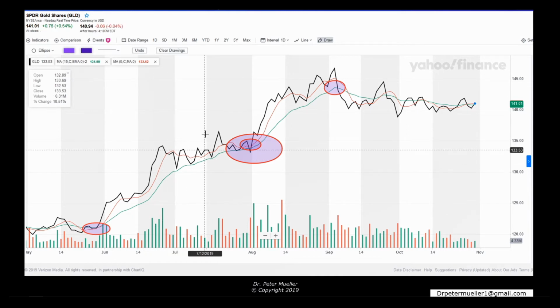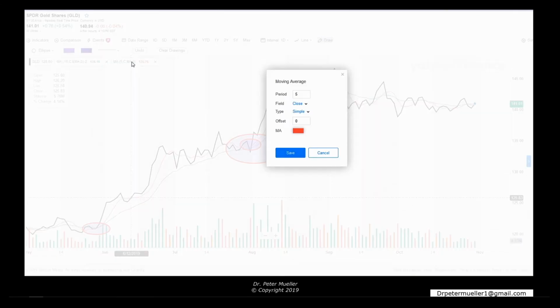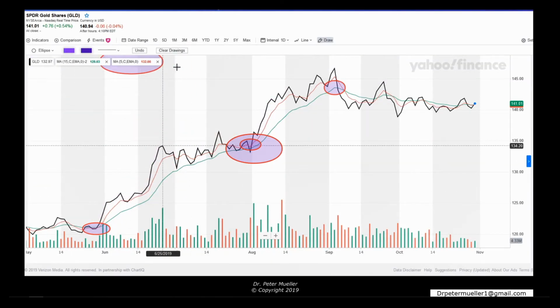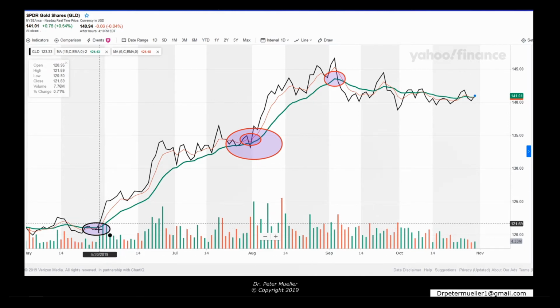And as I've shown here, the 5-day moving average here, and I just have to change it to exponential moving average. The 5-day moving average would have given us the same crossover point.